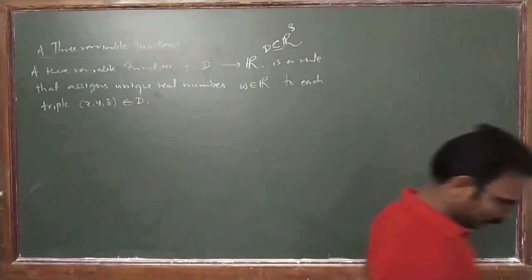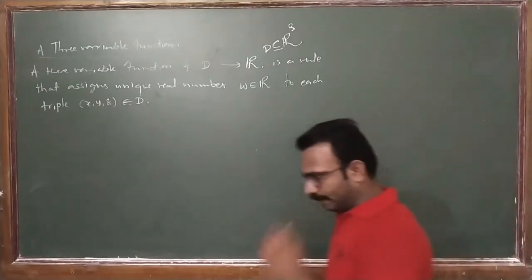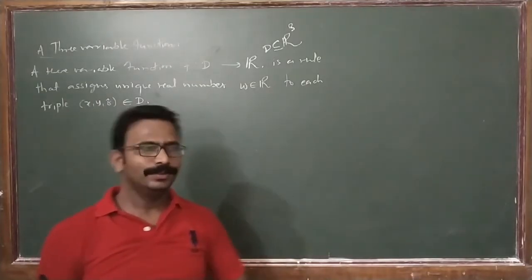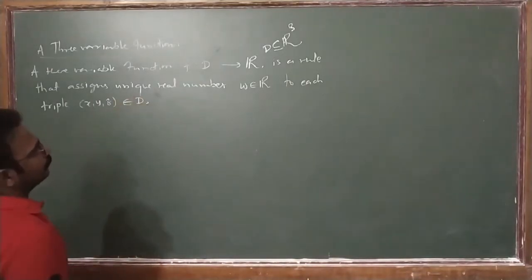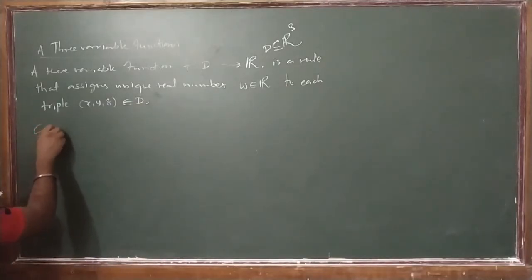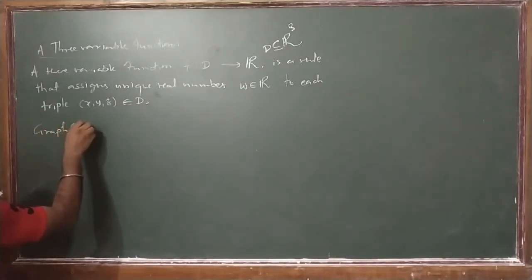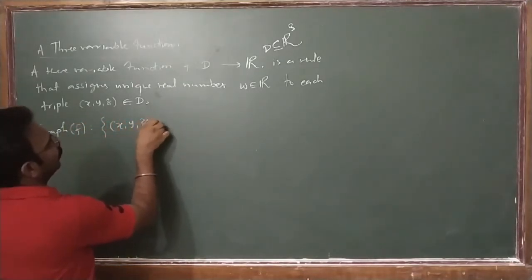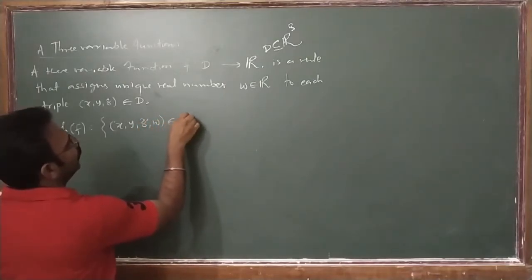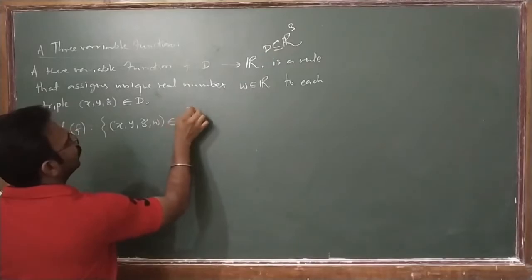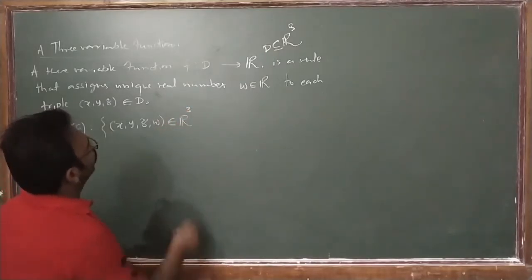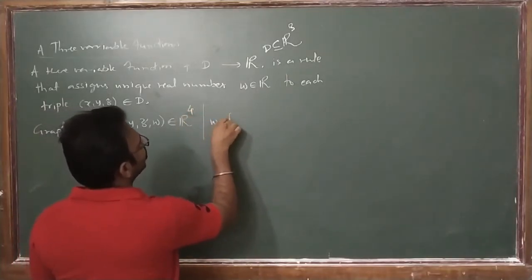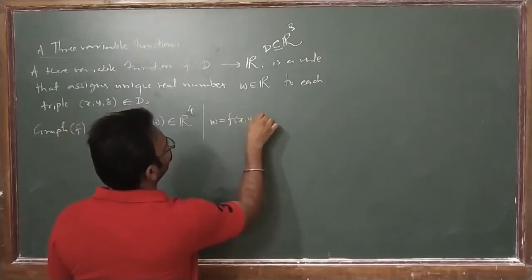So now we define a function from D, which is a subset of R3, to R. Now what will be the graph? The graph of f will be the collection of points x, y, z, w in R3 cross R, that is R4, such that w is equal to f of x, y, z.